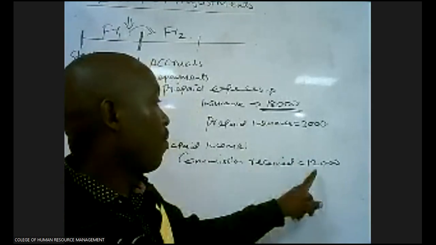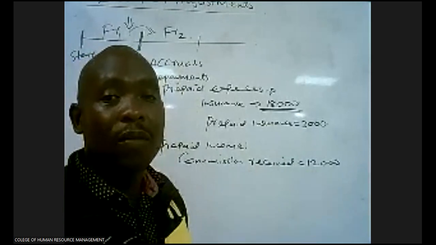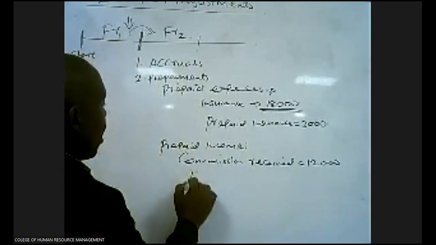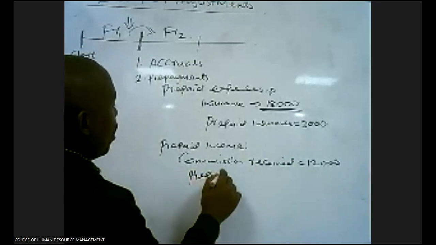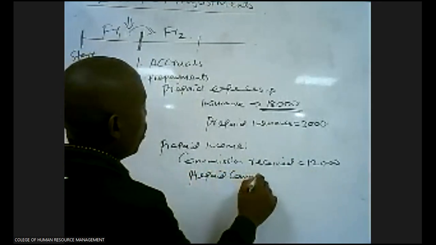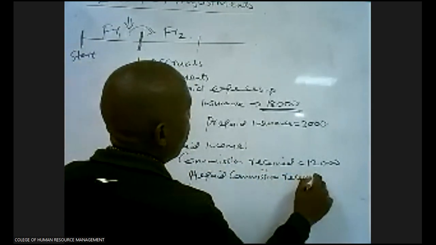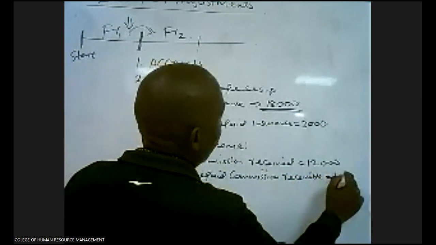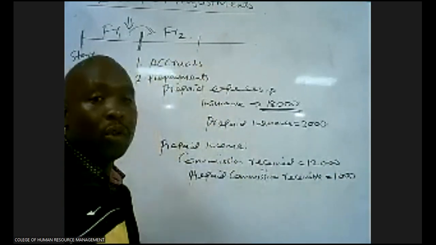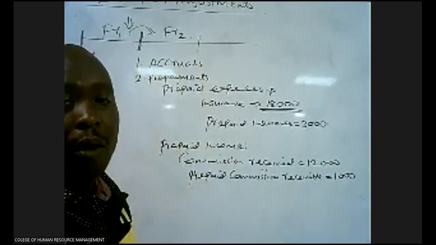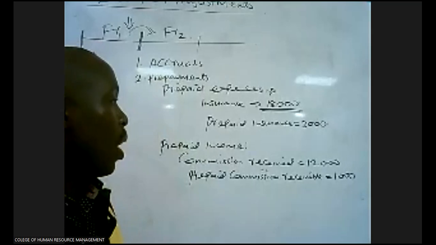We have received 12,000, but we were supposed to receive 11,000. So there, we are going to have a prepaid commission receivable of 1,000.